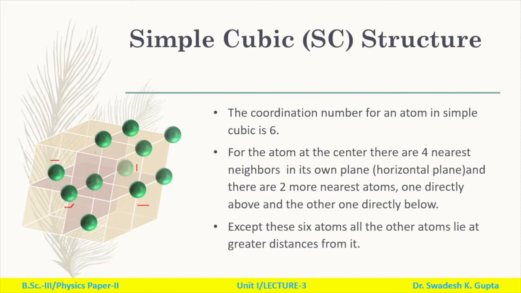And then 2 atoms directly above and below it. Except these 6 atoms, all the other atoms are far from this central atom, so there are 6 neighbors and so the coordination number is 6.